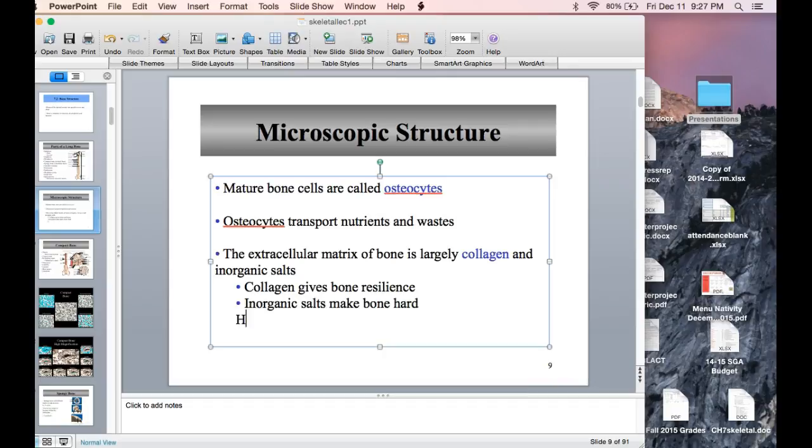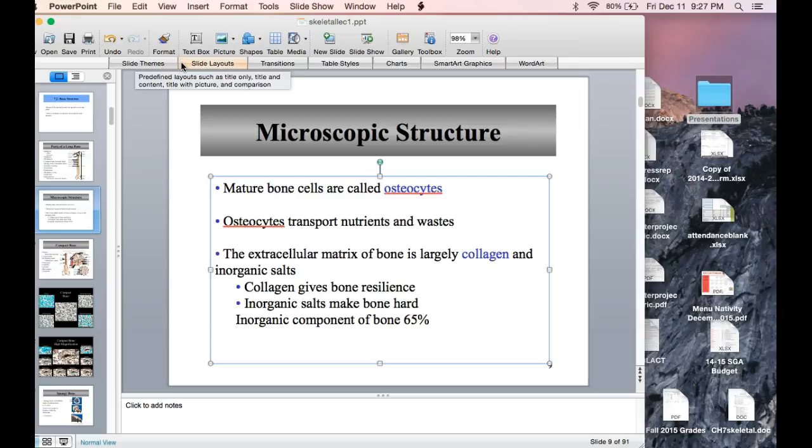So the inorganic component of bone is 65%, and what we do see there is hydroxyapatite.